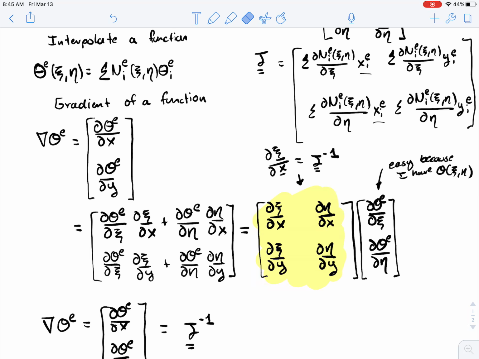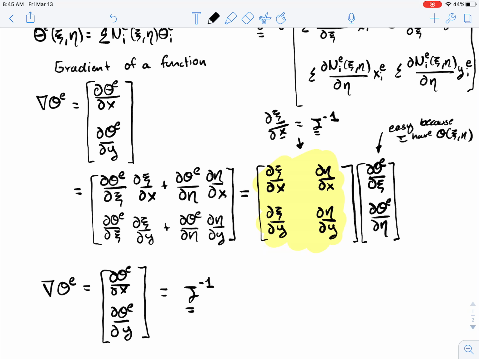So the Jacobian I can calculate, then I can invert that matrix, and I have this matrix right here times these partial derivatives, theta e with respect to xi, theta e with respect to eta.